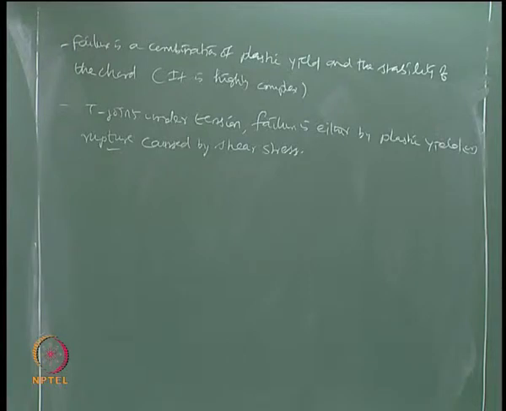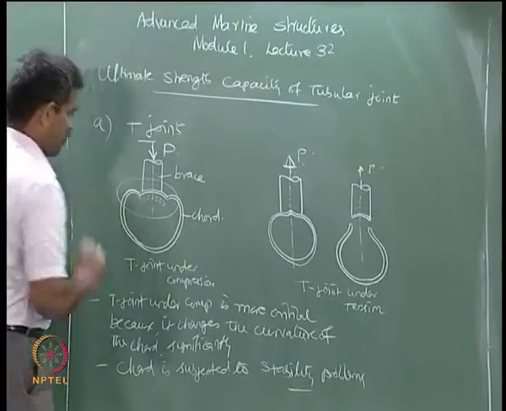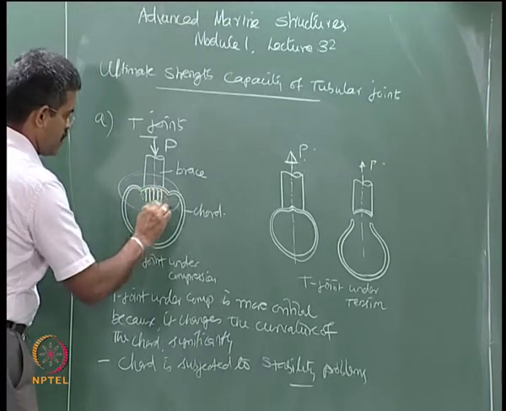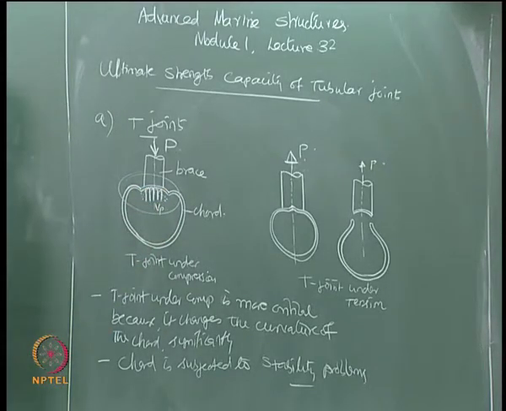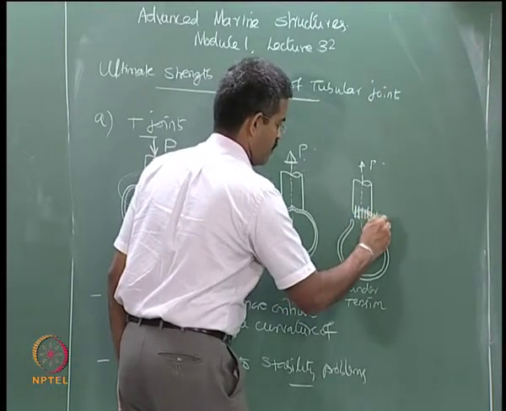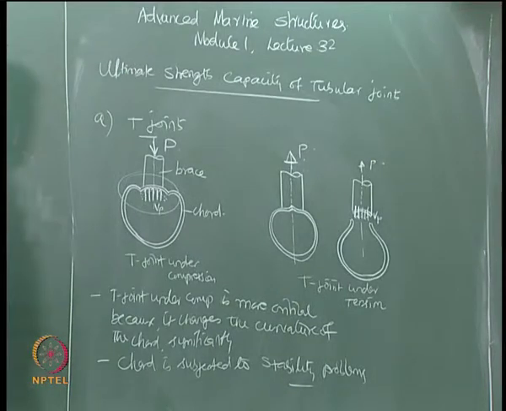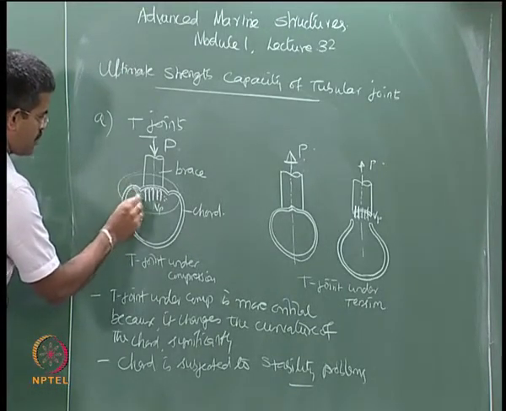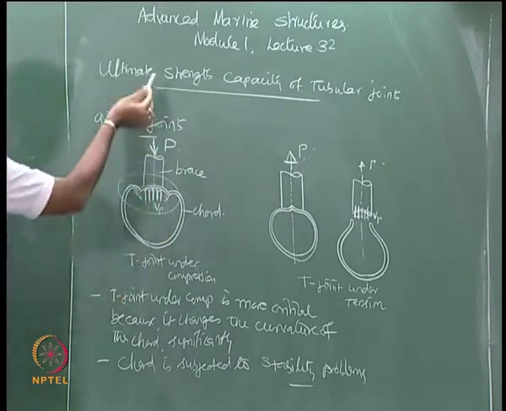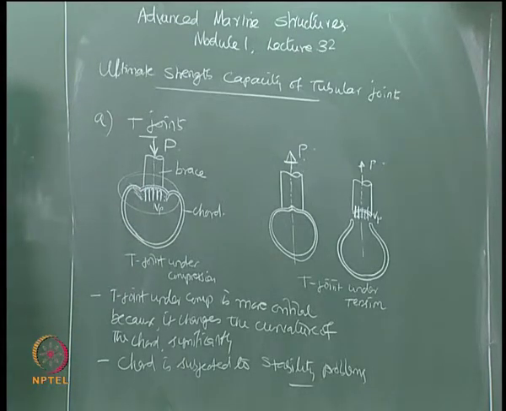So here the chord gets separated at this junction, so I am drawing it here separately, and to oppose this there will be shear stress, and in this case to oppose this there will be shear force. So the chord will get disassociated, or the curvature of the chord changes significantly to the dotted line and then is subjected to shear stresses.